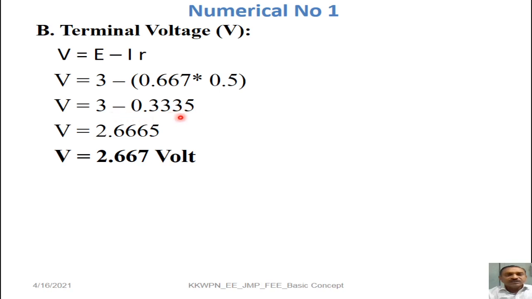If we subtract this from 3, that is the EMF, we get the terminal voltage 2.6665, which we can approximate as 2.667 volt. It means that the battery which has an EMF of 3 volt, for the given load resistance, has its terminal voltage at 2.667, which depends on the current and the internal resistance of the battery.